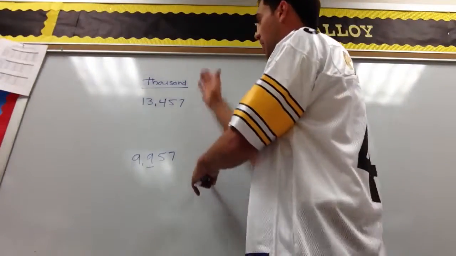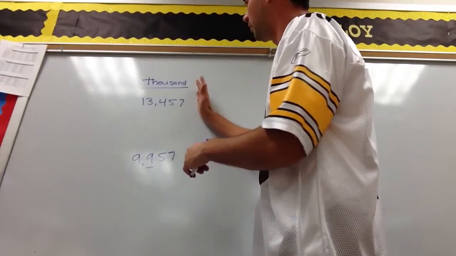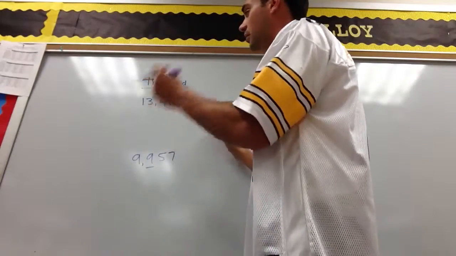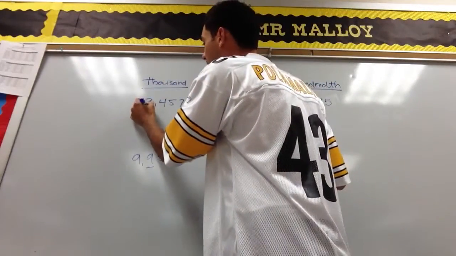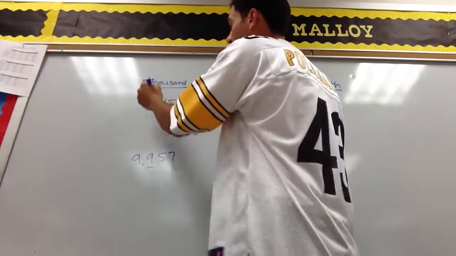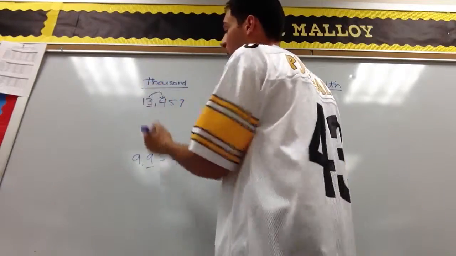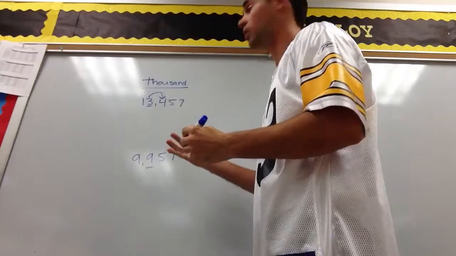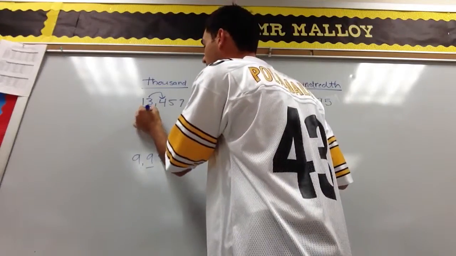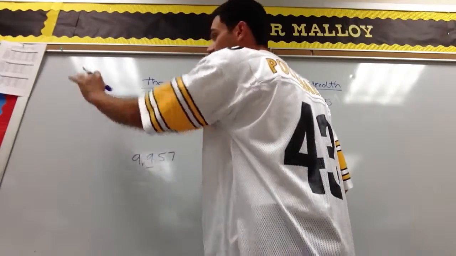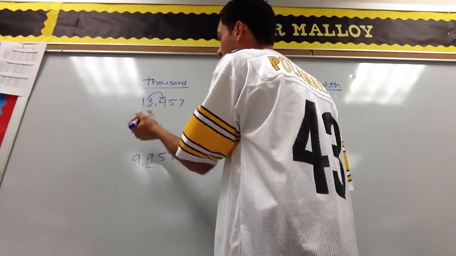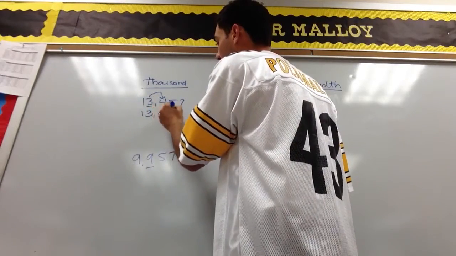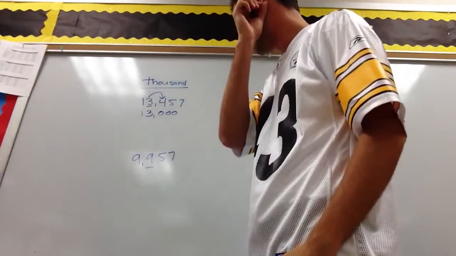So with this column, we're going to round this number to the nearest thousand. So the first step is to go to the thousands place. That's a 3. I look to the number to the right. That's a 4. 0, 1, 2, 3, 4 tells me the 3 is going to stay the same, and everything to the left will stay the same. Everything to the right turns to zeros, okay?